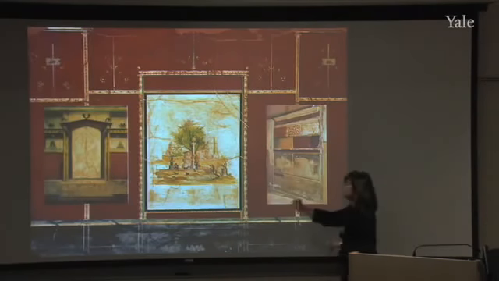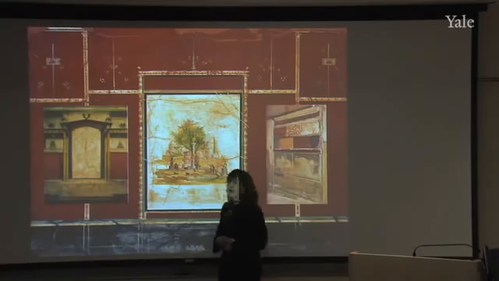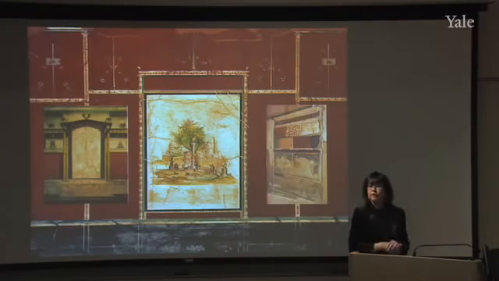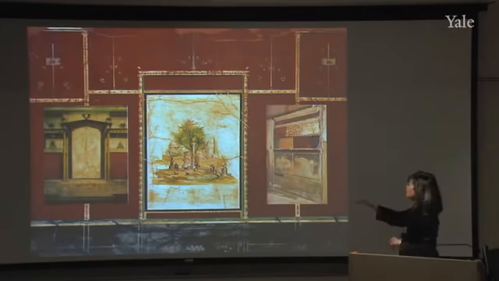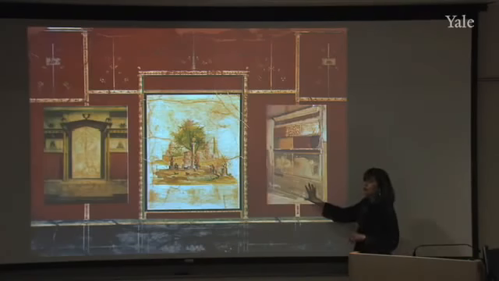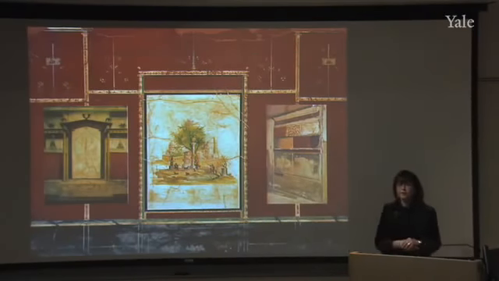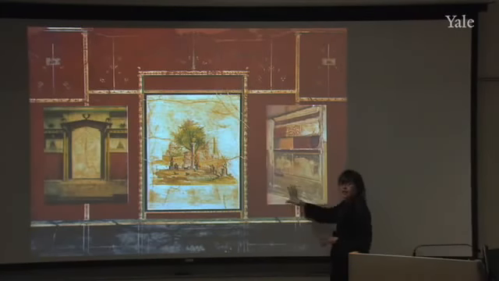Now, you might say to me that if we're going back to respecting the wall and to having a painting that is fairly flat, are we going back to the first style of Roman wall painting? And I remind you of one of the first style Roman wall paintings that we looked at together. But it really is very different from the first style as well, because in the first style, you'll remember, the wall was not actually flat.